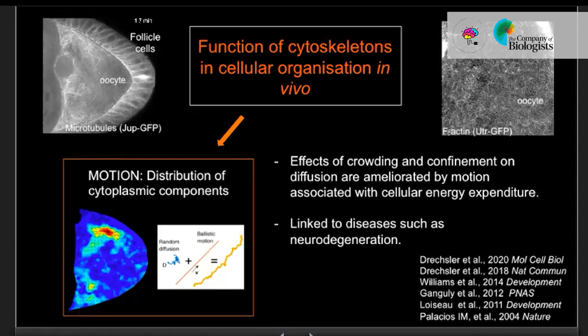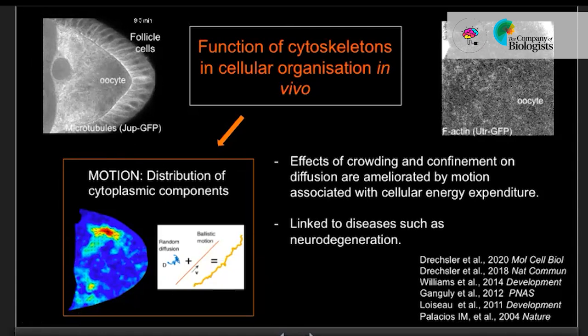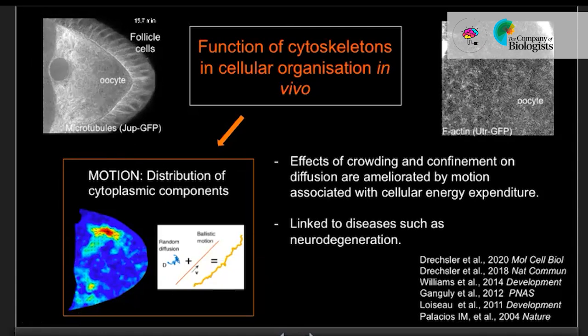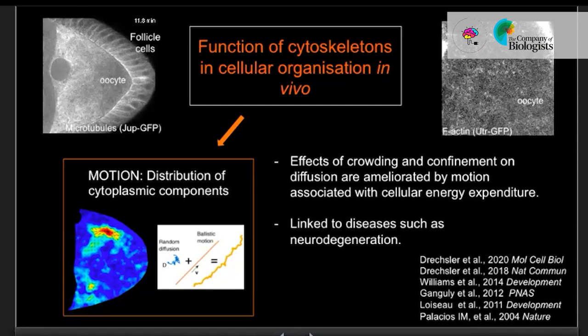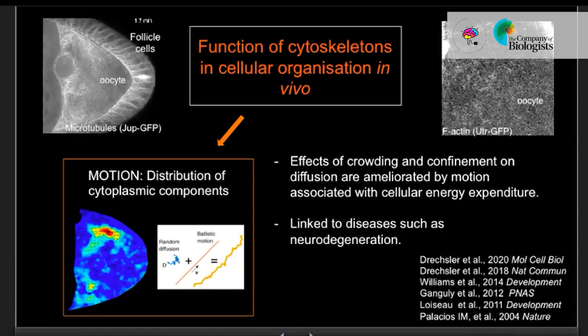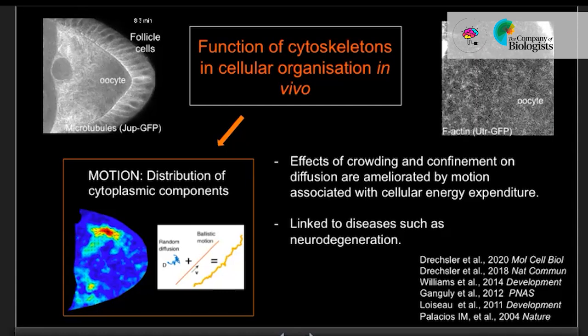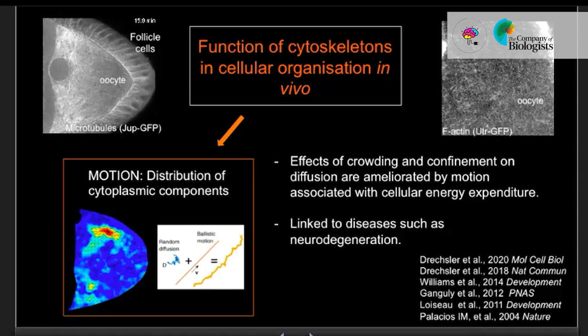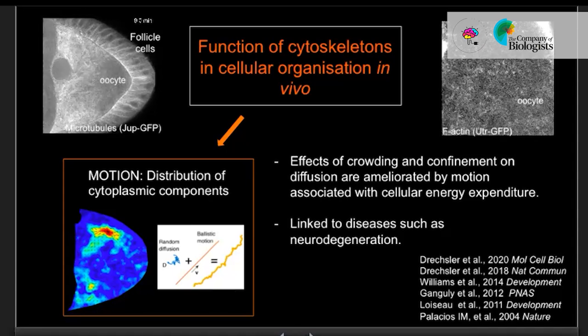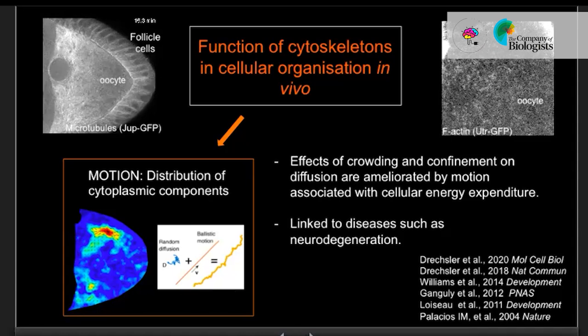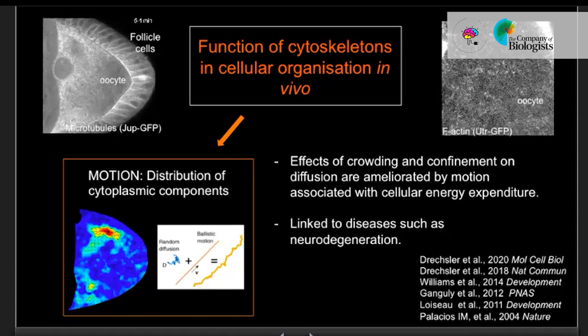Which of these motions are important for the function, and which cytoskeletons are responsible for which motion in those cells? And there's a lot of work published. And I want to say that this is not only important for the function of a healthy cell, but it's also been linked very strongly to diseases, including neurodegeneration, as you will see in a few examples.